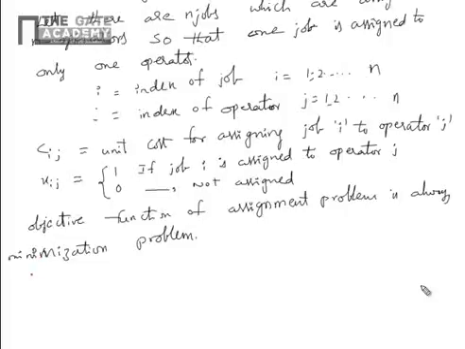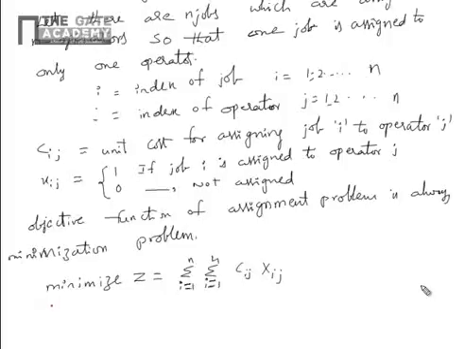So here also we minimize the cost of assigning a job to an operator. Minimize z equal to sigma i equal to 1 to n, sigma j equal to 1 to n, Cij Xij.